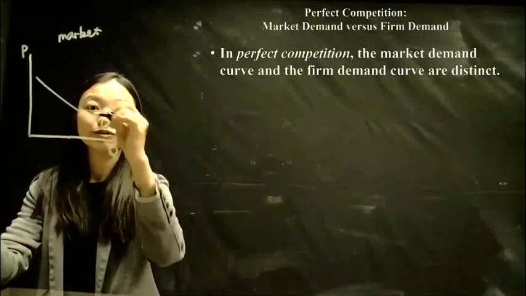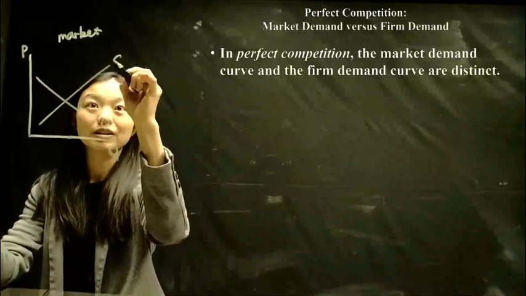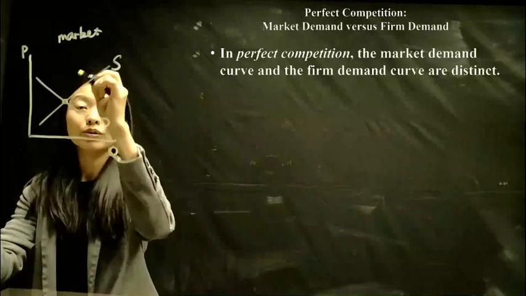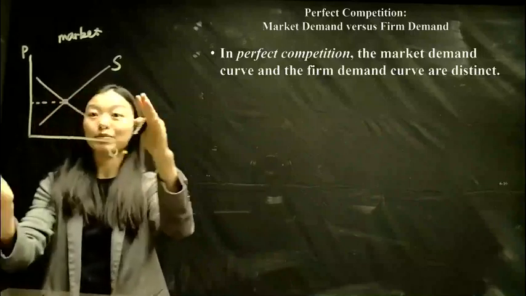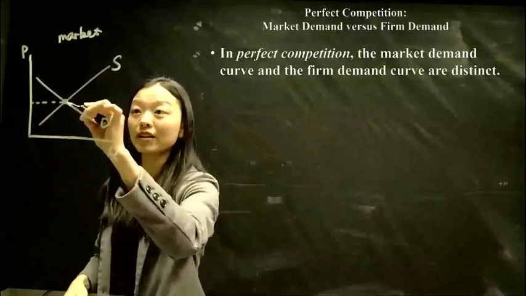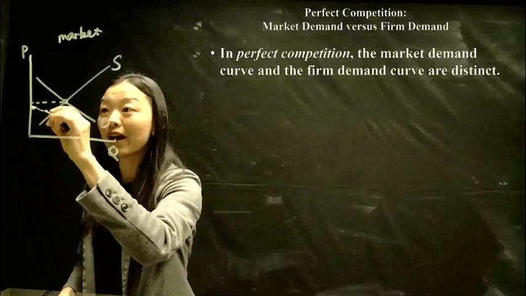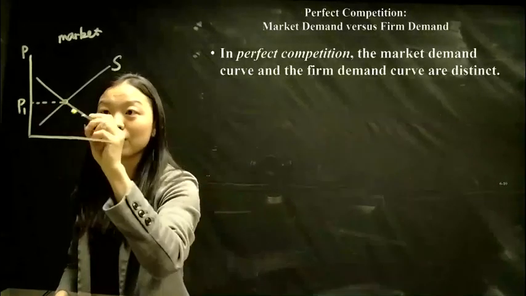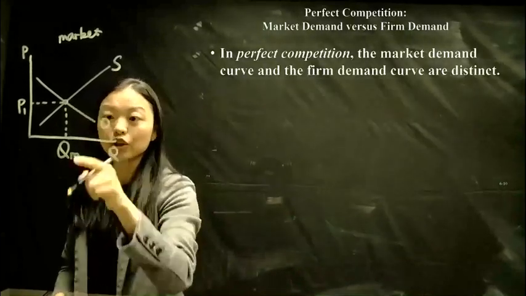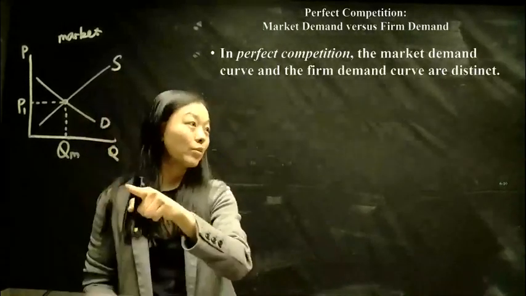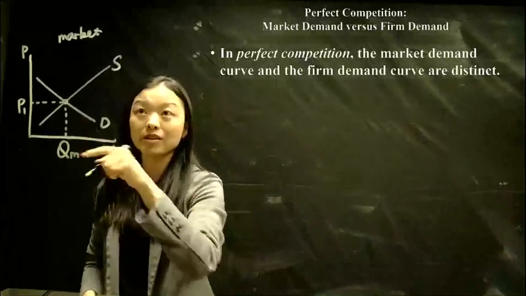This is the demand curve for the market, and this is the supply curve for the market. And we know this will be the equilibrium price, right? Because the demand curve and supply curve intersect at a point, and this is the equilibrium point. We will have the price at P1 and the market quantity at QM. I put a QM here, representing the market quantity.